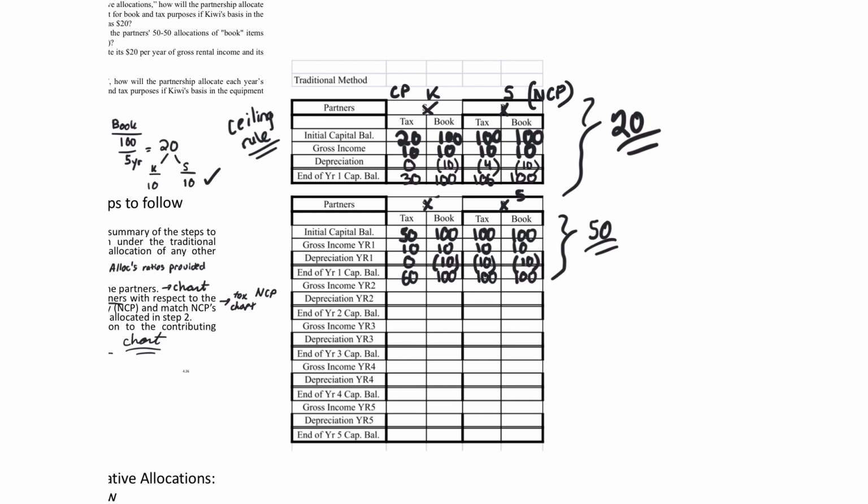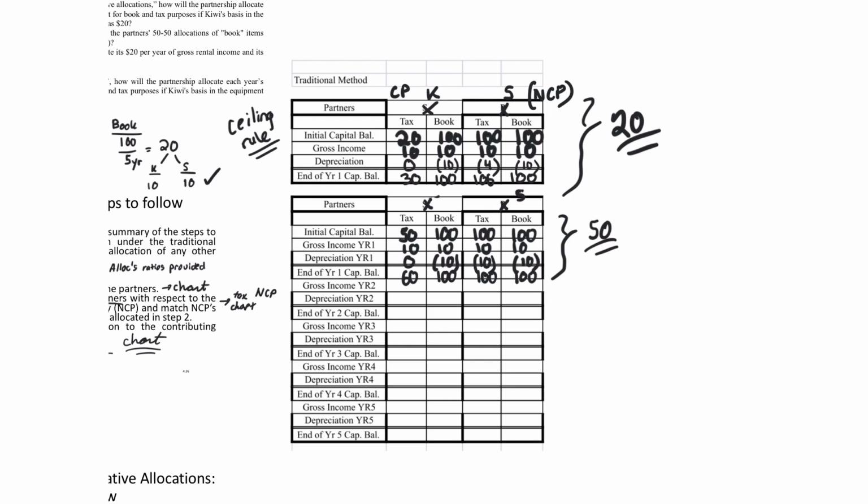Because think about it. Next year, you do this for all 5 years, the same amounts, all 5 years, if it's traditional method. So at the end of year 1, we have 30 for the tax amount. So it'll be 40 at the end of year 2, 50, 60, 70.